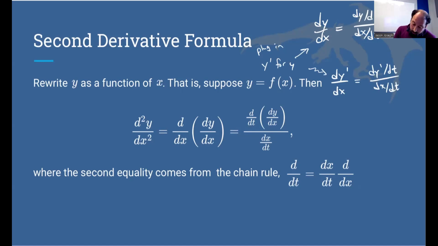And of course, dy prime dx is the second derivative of y with respect to x. And dy prime dt is what you see written here, the derivative with respect to t of dy dx, because remember, that's a function of t, divided by dx dt. Okay, so that's a lot of words. Let's do an example.